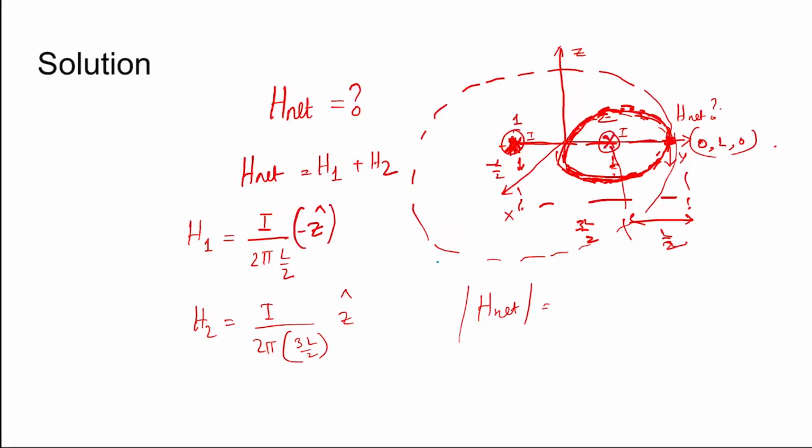And also for this point, that is the current at point 2, the direction is coming downwards, so both can be added. So it is coming out to be (2 plus 2/3) I by 2 pi, minus az cap.